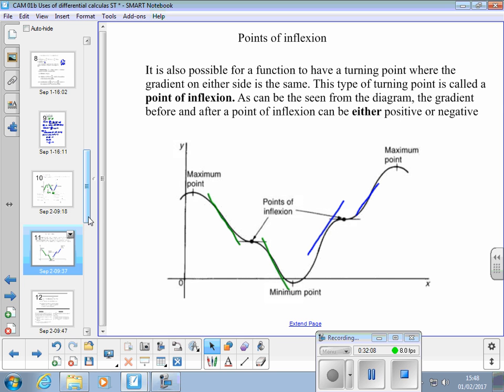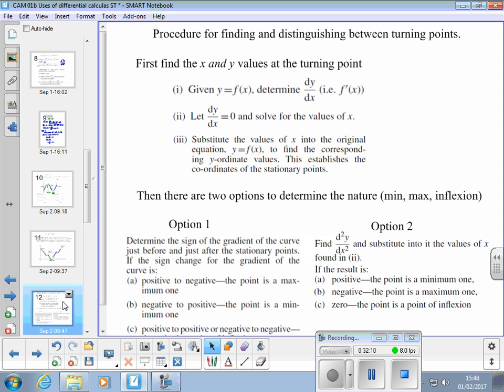Now, like I've said, there's an option where we're given a procedure for finding and distinguishing between turning points. First, find the x and y values at the point. So if we've got a function y is equal to f of x, we determine the function dy by dx, and then we let that differential equal 0 and solve it for the values of x.